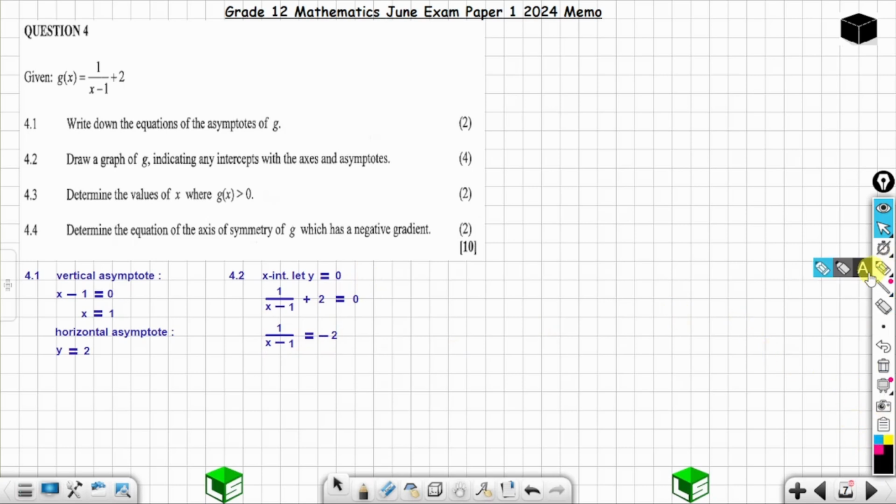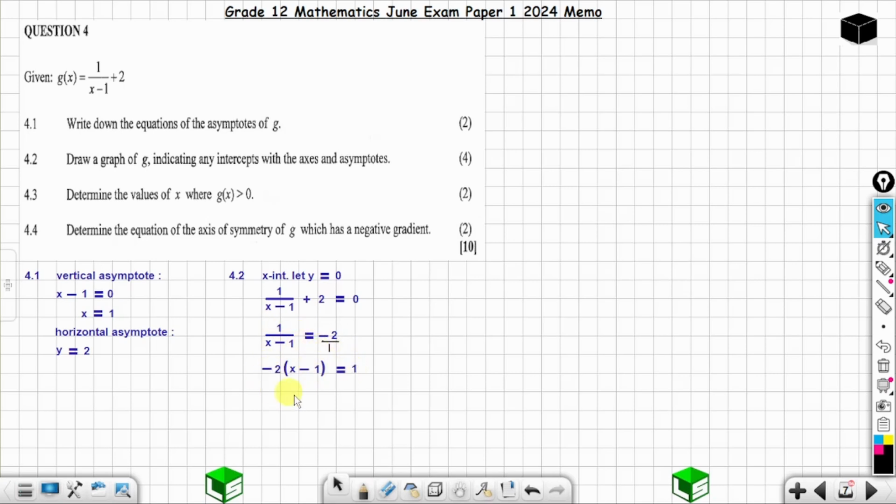So this is over 1. You can do cross multiplication. So you have negative 2 times this. Cross multiplication. Negative 2 times this. This is equal to 1 times 1, which is 1.